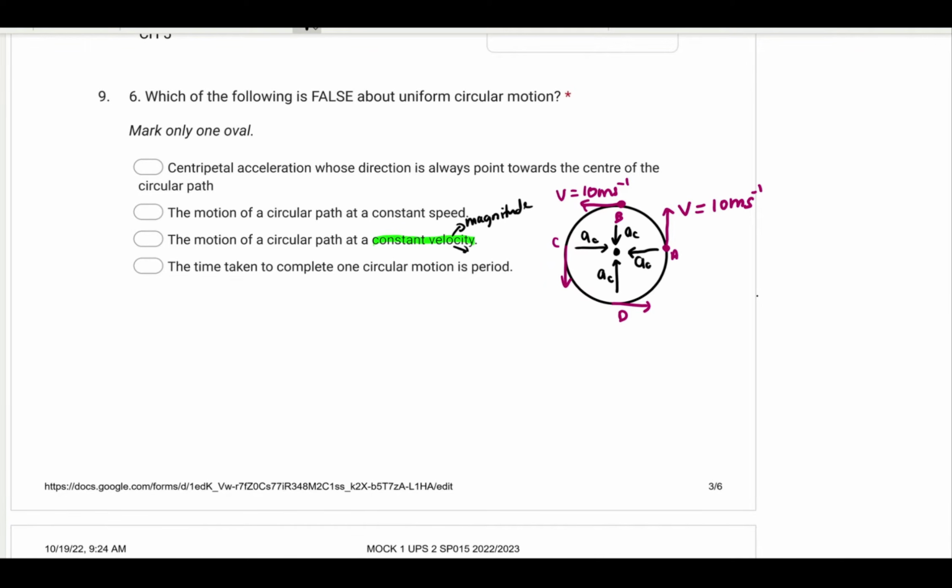Betul. But, direction dia mesti sama juga. Adakah direction of V dia sama? Tidak. Okay, at point A upward, B ke kiri, C downward, D ke kanan. So, yang last kali salah lah. The time taken to complete one circular motion is period. Betul lah. Okay, so yang salah adalah C.